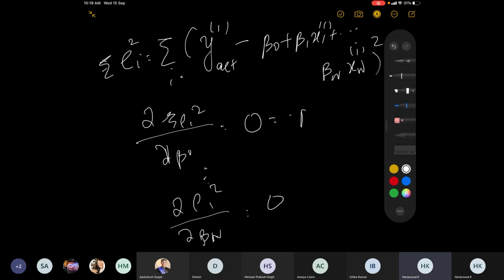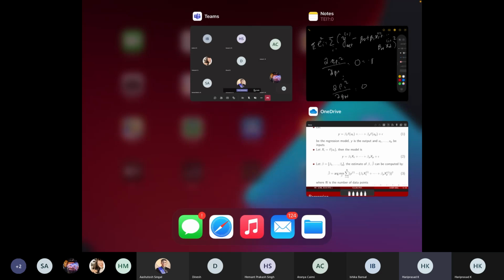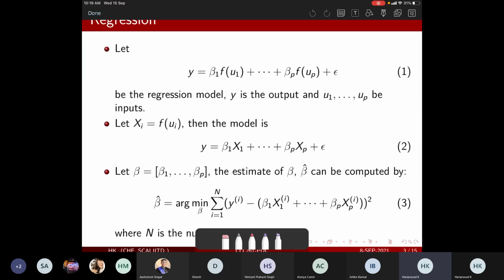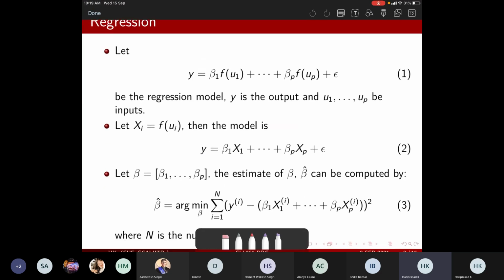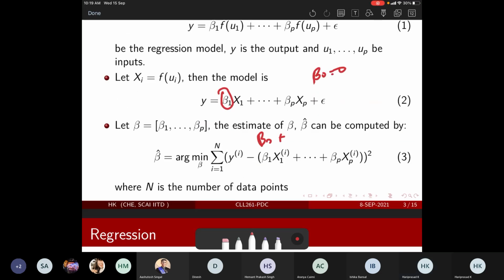So this is the guiding principle of regression. But what is the problem here? This is absolutely fine. In this case, we have just started with beta 1, assuming beta naught is equal to 0. If there is a beta naught, you add it over here, beta naught plus.